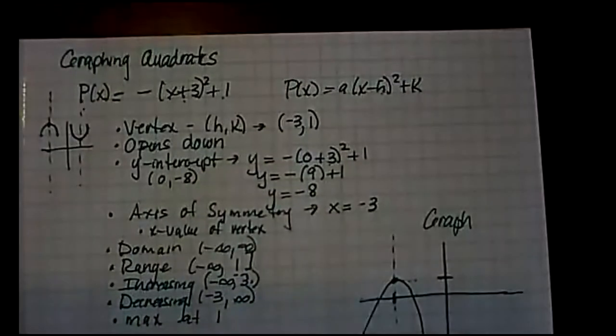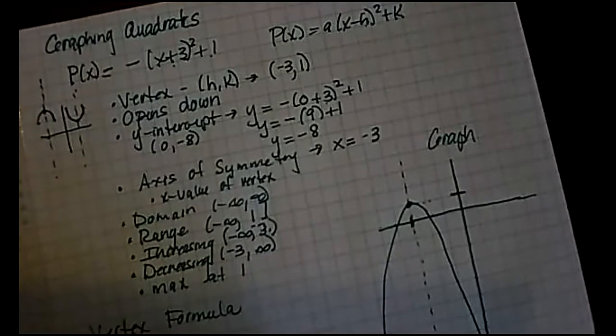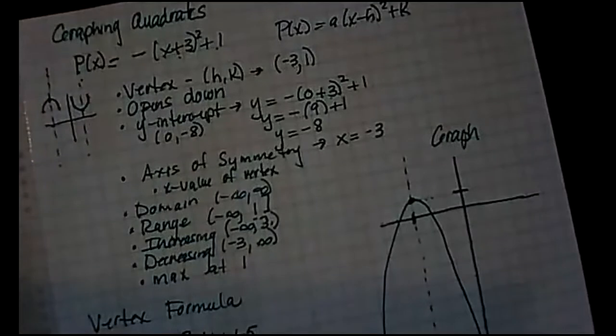Okay. All right, so let's keep moving here, you guys. This one is using the vertex formula. So I'm going to give you a quadratic equation like this in standard form, and I'm going to ask you to find all of these things.